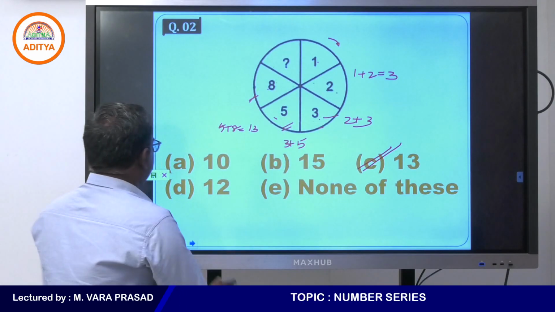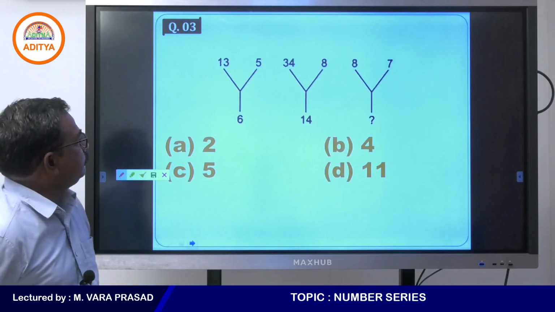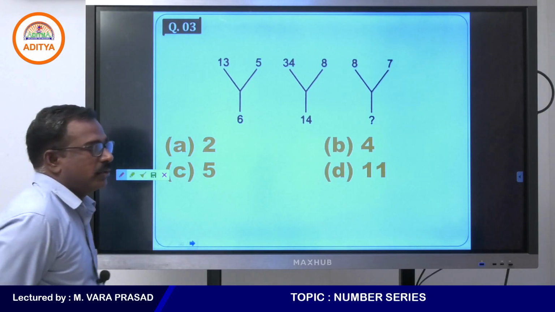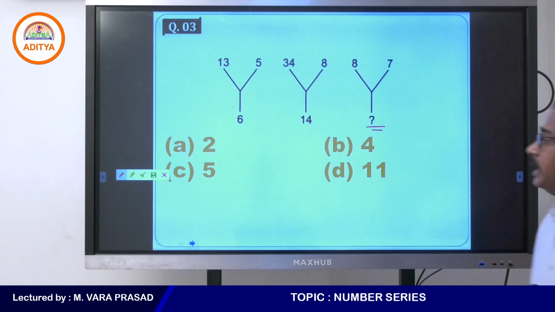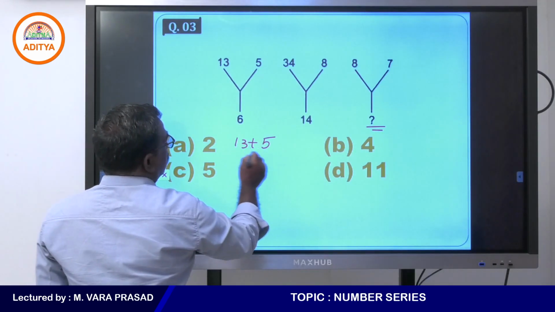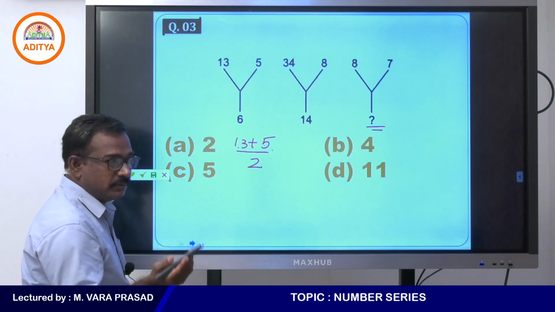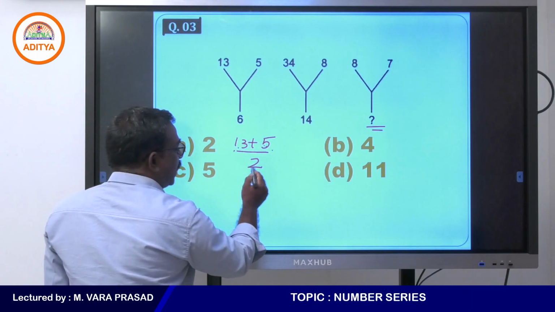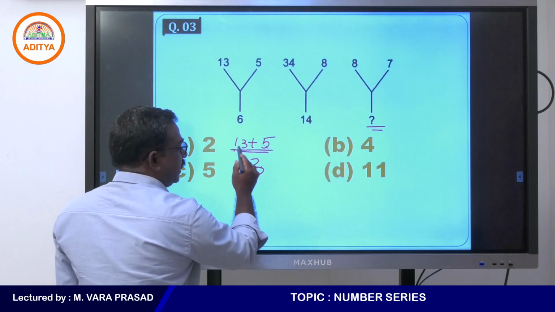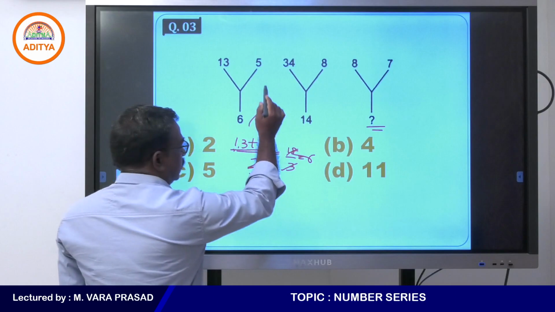One more example we can do, right. See what is given there in the example: 13, 5, 6, 34, 8, 14, 8, 7 and question mark is given here. 13 plus 5 by 2, if we take 13 plus 5 by 2 is 9. 13 plus 5 by 3, 18 by 3, that is 6 is there here.